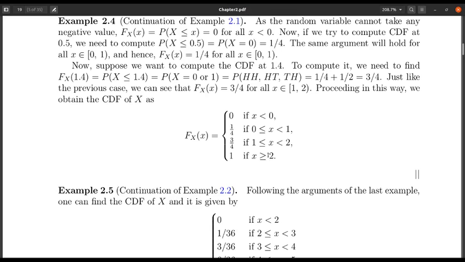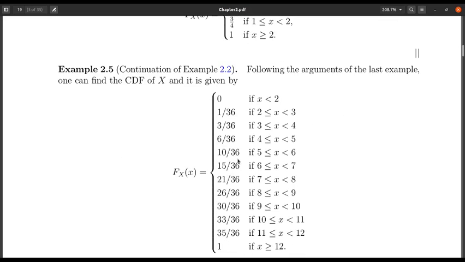So this function is basically like steps: you have a constant value, then a jump, then again constant values, again a jump, and so on. Similarly, in example 2.5 also the cumulative distribution function is a step function. You have a jump and then a constant value, again a jump and a constant value, and so on.